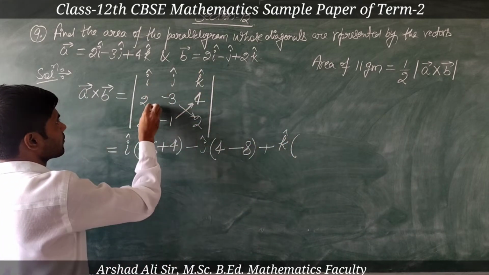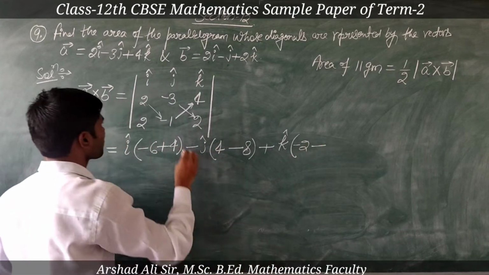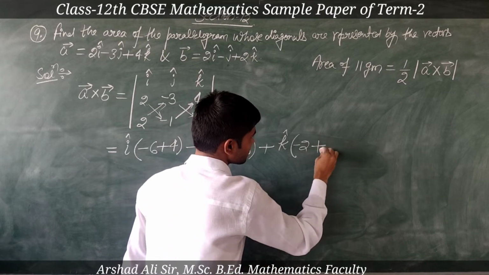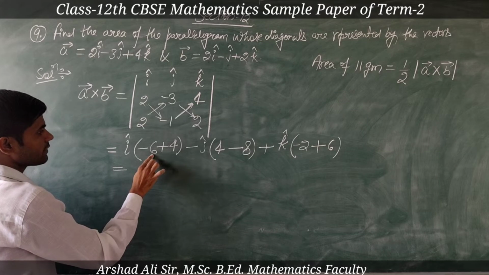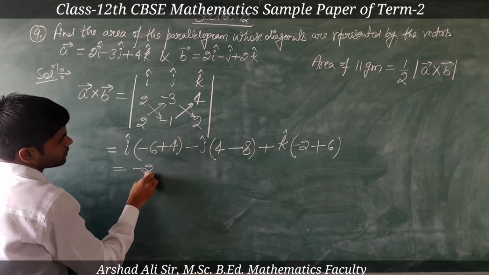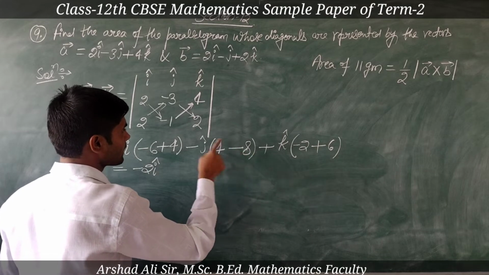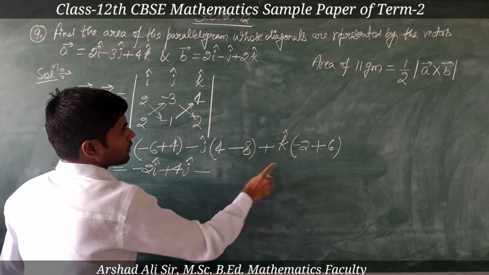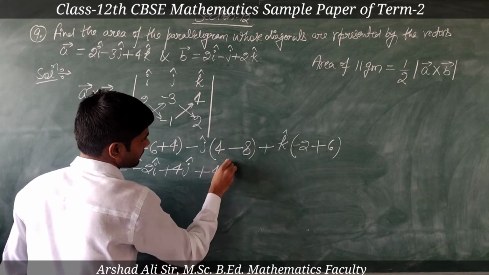First row, third column, 2 multiplied by minus 1 is minus 2, minus 2 multiplied by minus 3 will be minus 6, and minus times minus is plus 6. So 4 minus 6 will be minus 2, so minus 2 i cap. 4 minus 8 will be minus 4, and minus times minus 4 gives j cap. 6 minus 2 will be plus 4, and k cap.